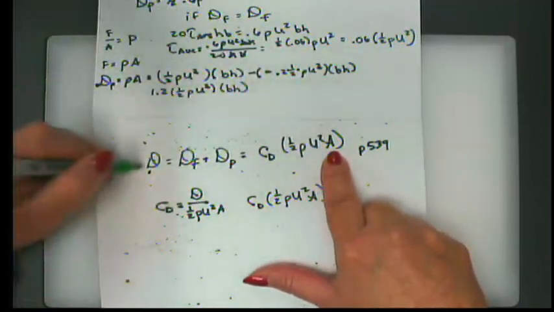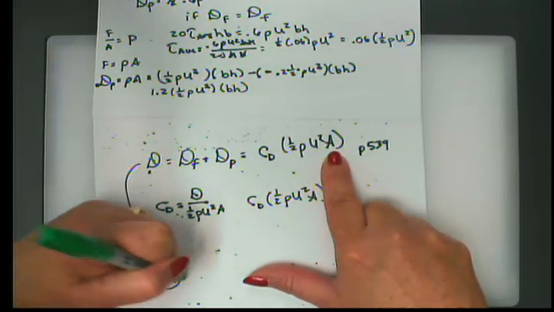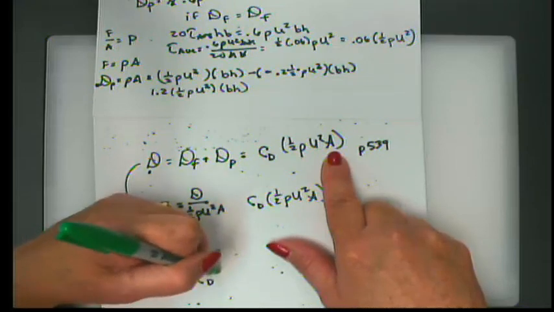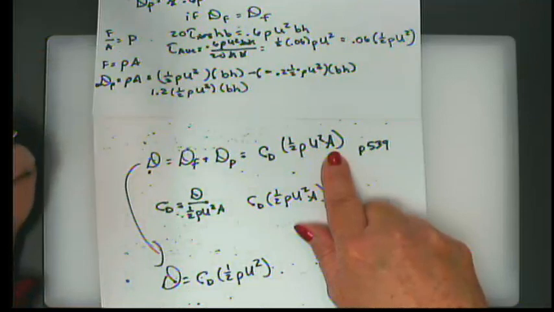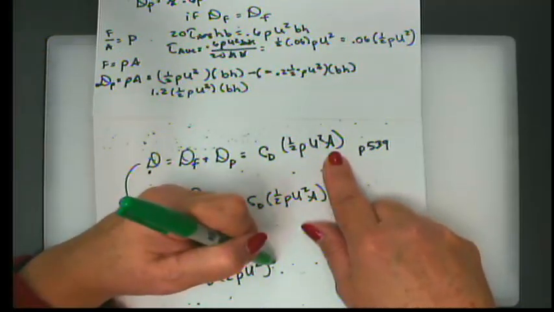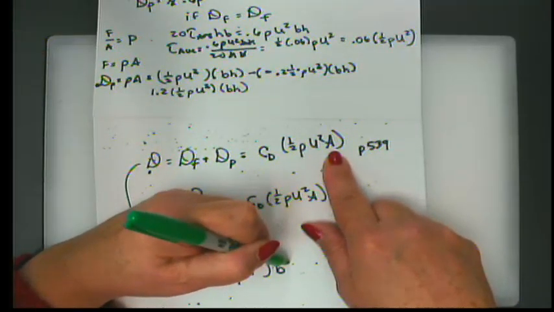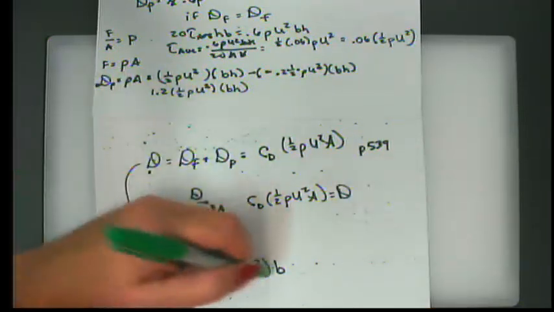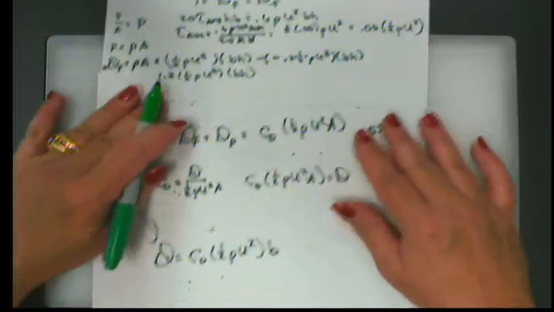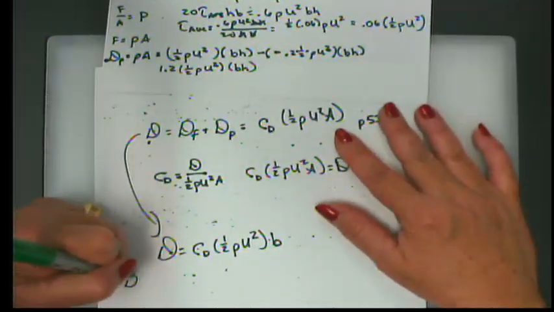So I can say then drag is equal to C sub d times 1/2 rho u squared times the area, which is just going to be the BH. Well, I should add both of those together instead of doing it this simply. Let's go ahead and just take d sub f and rewrite that.